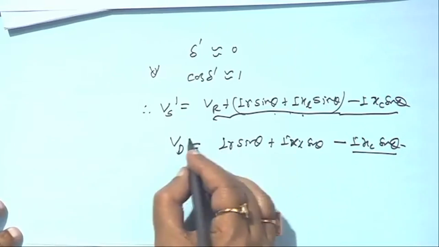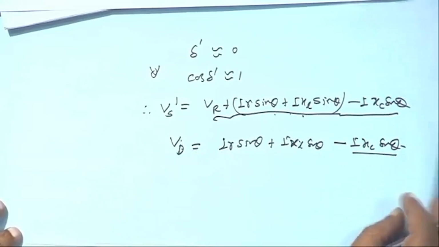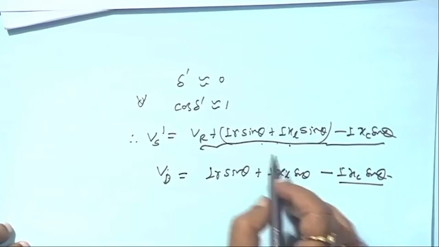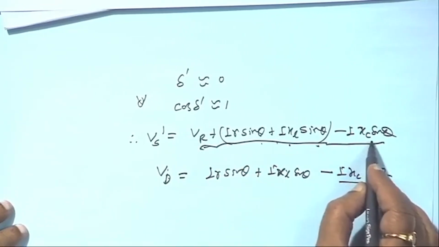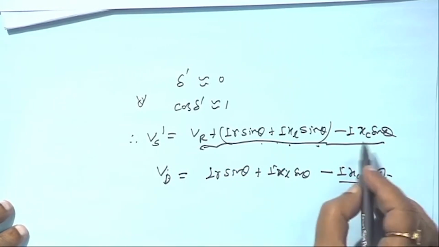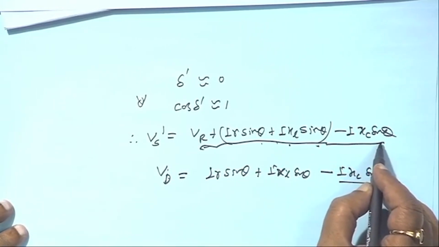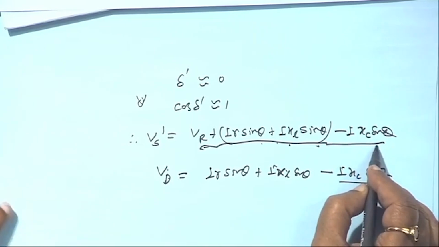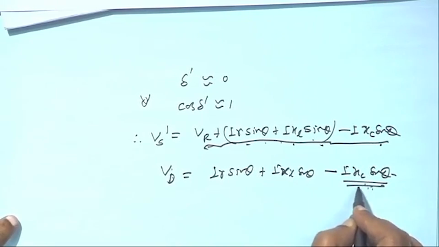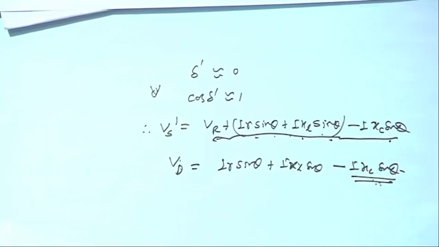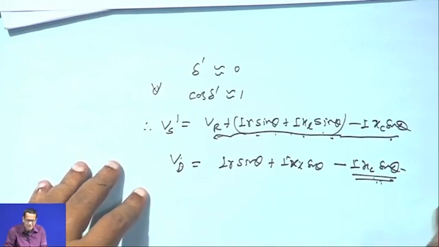So, this is the voltage drop equation. Vs dash is equal to this one; without the series capacitor it was the earlier expression, but because of this extra IXC sin theta, it is subtracted from this one. So, this is the approximate equation.